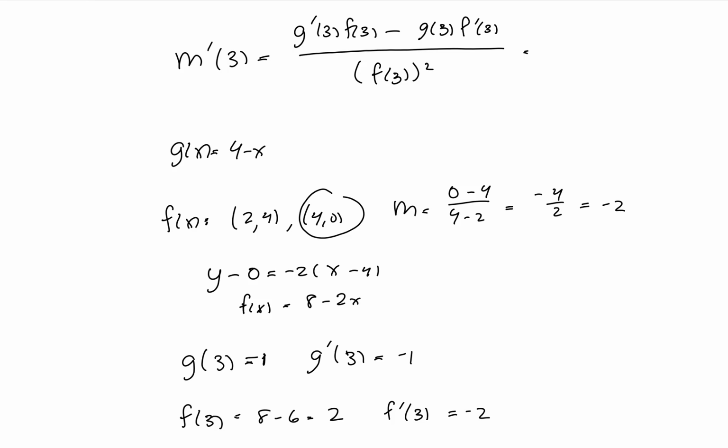So this is negative 1 times f of 3, which is 2, minus g of 3, which is 1, times f prime of 3, which is negative 2, all over f of 3 squared. So this is negative 2, and then I get plus 2 over 4, so this is 0.